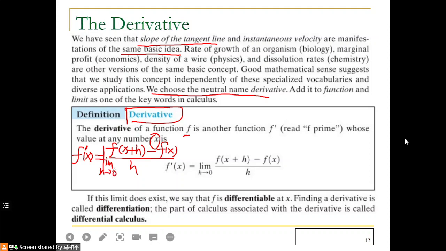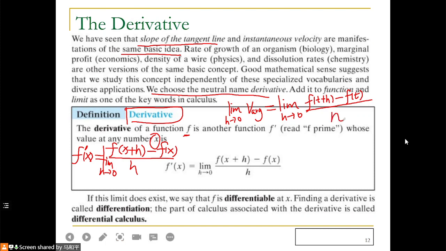Okay, so we can compare with the definition of the instantaneous velocity. Instantaneous velocity is equal to the limit as h approaches 0 of f(t plus h) minus f(t) over h.